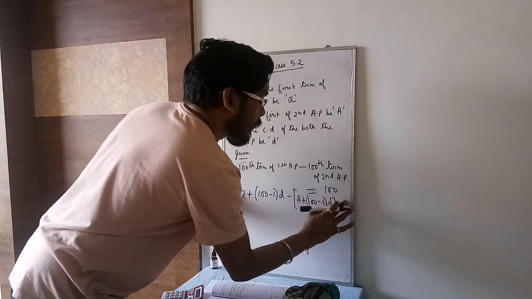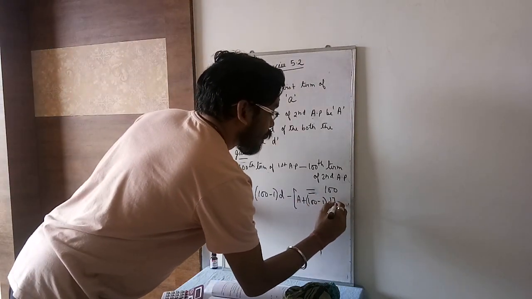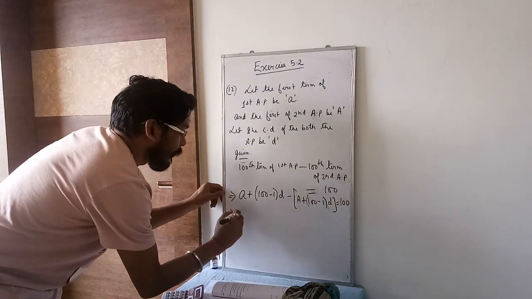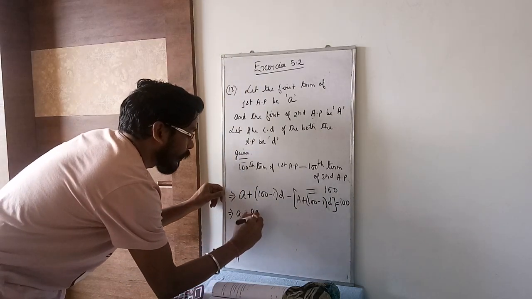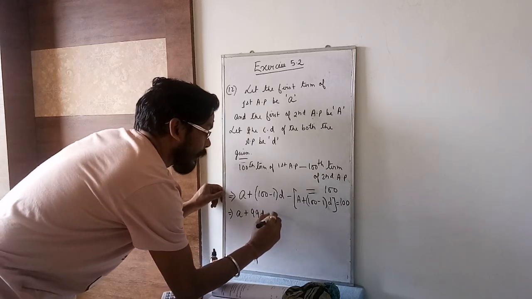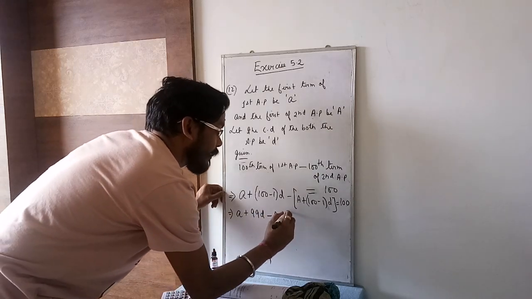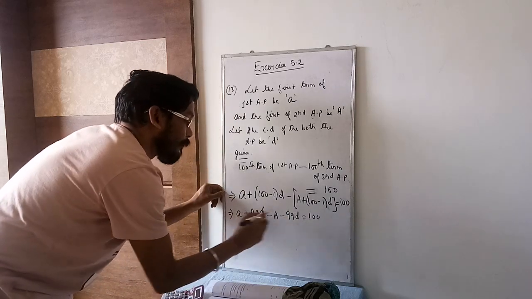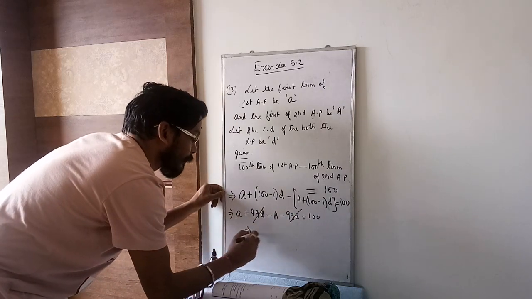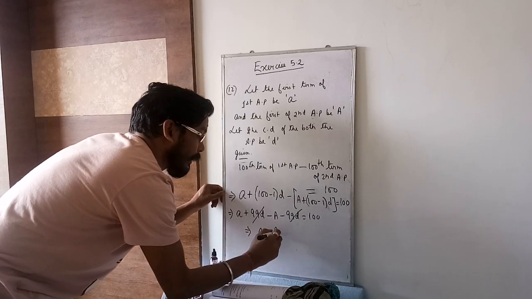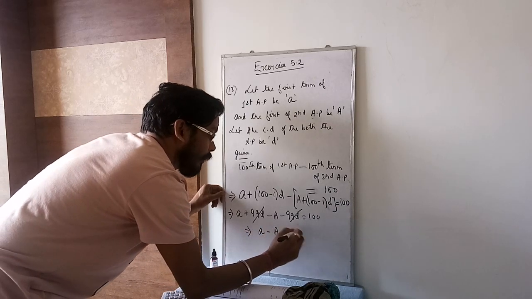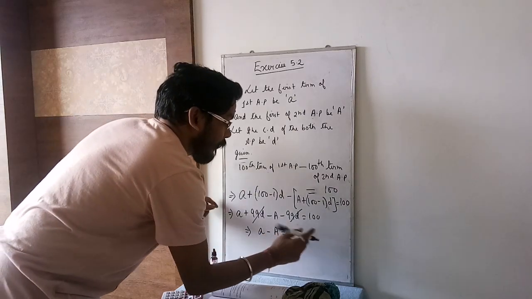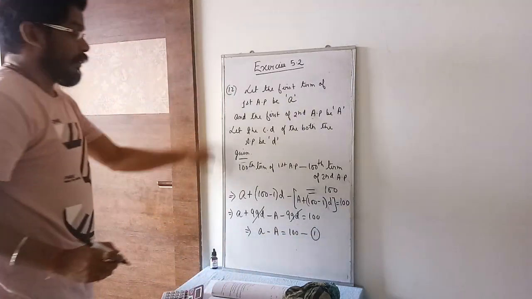So it is a plus 99d minus capital A minus 99d equal to 100. The plus 99d and minus 99d cancel, so a minus capital A equal to 100. Equation 1. Take the screenshot.